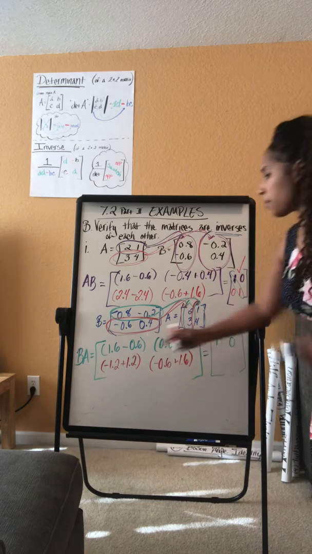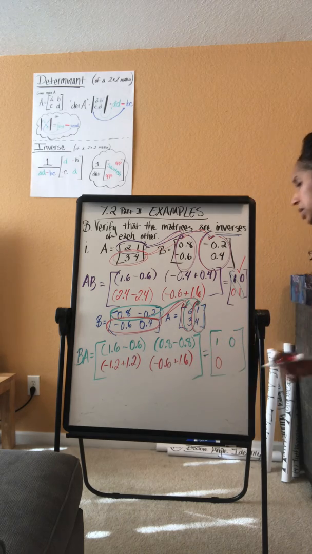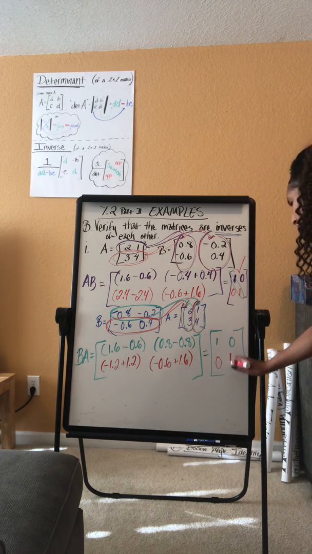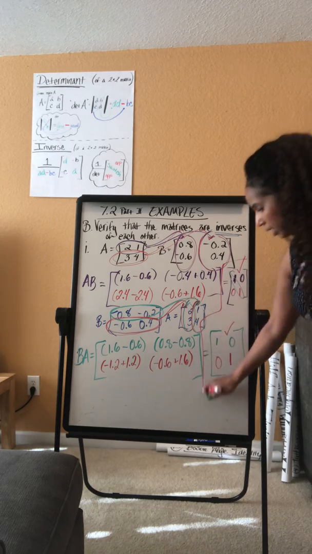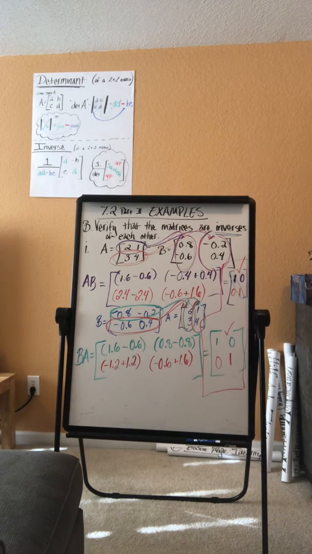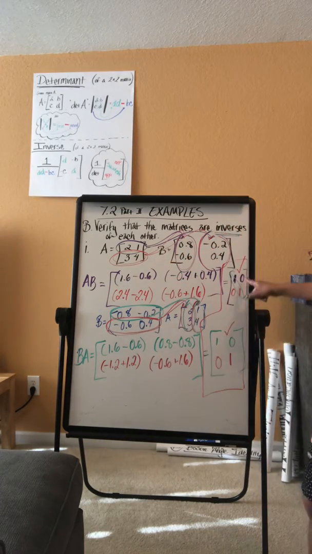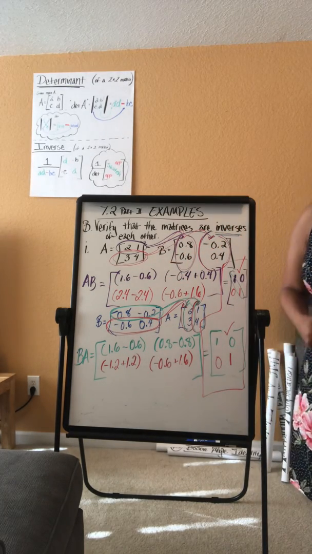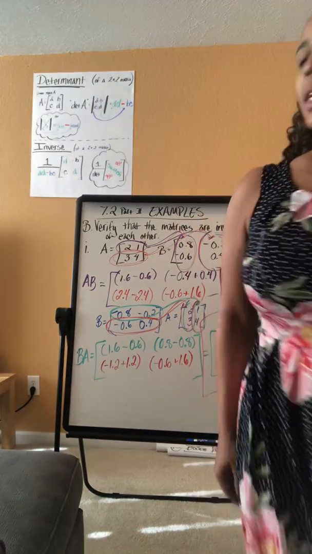The negative 1.2 plus 1.2 is 0. And the negative 1.6 plus 1.6 is 1. So I have proven it. I have verified. I have shown that A times B equals B times A, and they both equal the identity matrix. B2 is a star.